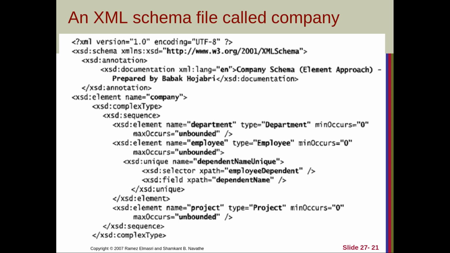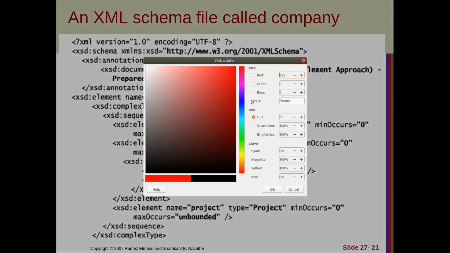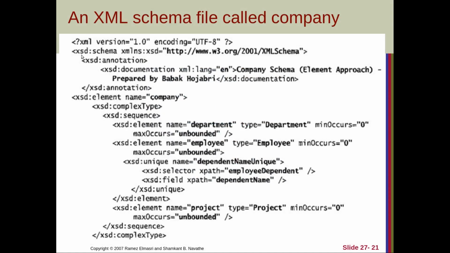Here you can see the first statement as xml version equal to 1.0. Then another attribute, encoding equal to UTF-8, which is the encoding format followed in an XML document.